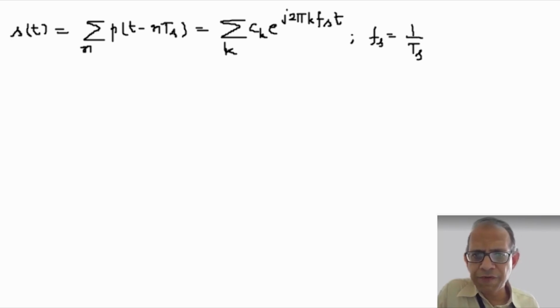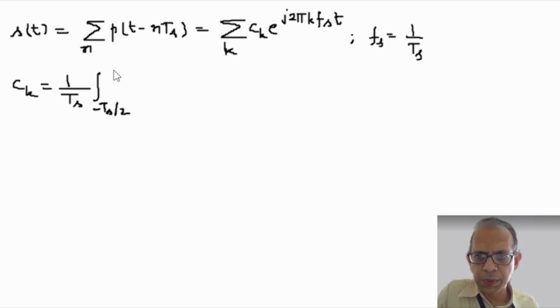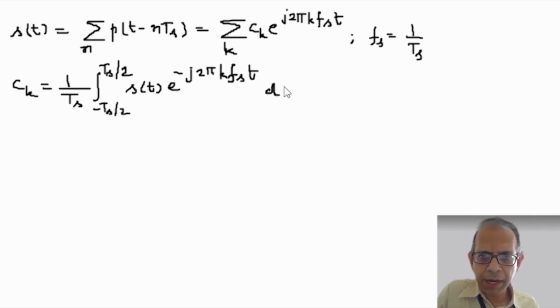The Fourier series coefficients ck can be obtained as 1 by Ts times the integration over the period Ts, which we can select from minus Ts by 2 to Ts by 2, of the signal s(t) e to the power minus j 2 pi k fs t dt.